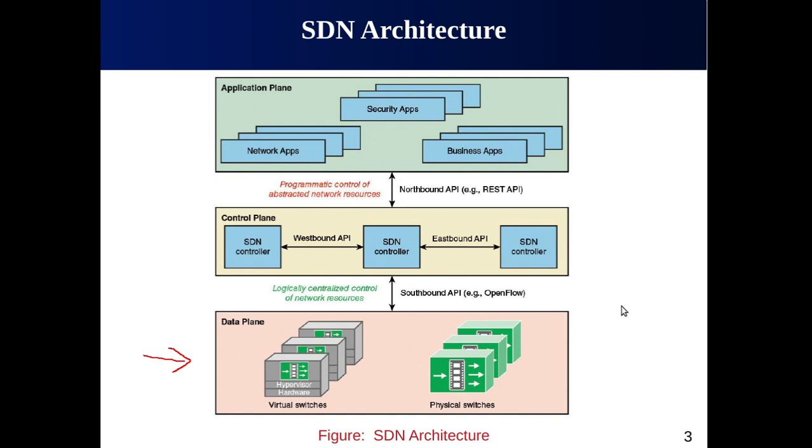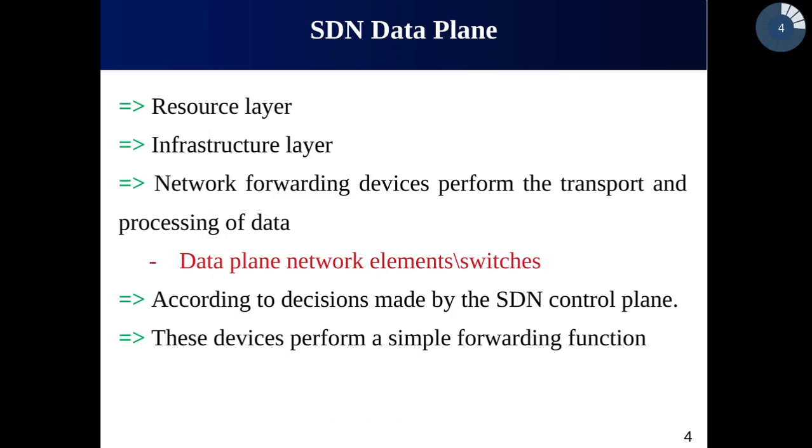So in this lecture, we are going to focus on the data plane layer, the devices, and the different types of tables. What is actually the SDN data plane? The SDN data plane is also known as the resource layer because all the resources, either physical or virtual, exist at this layer.